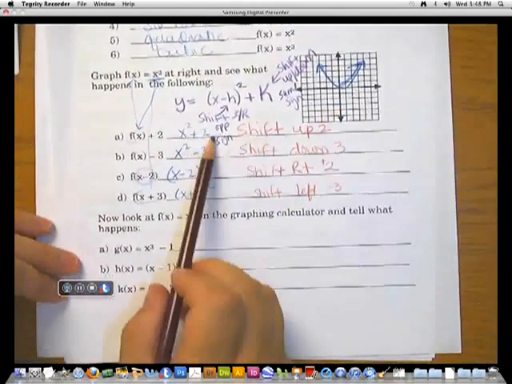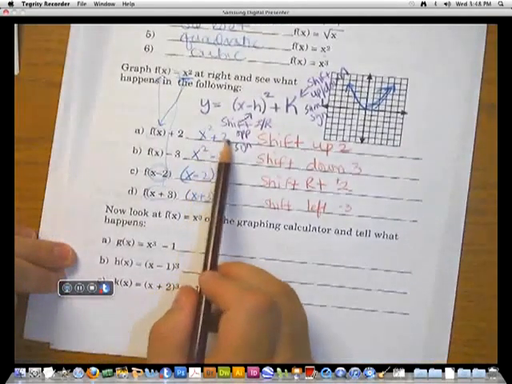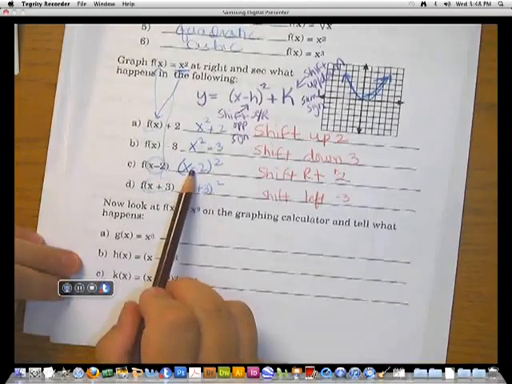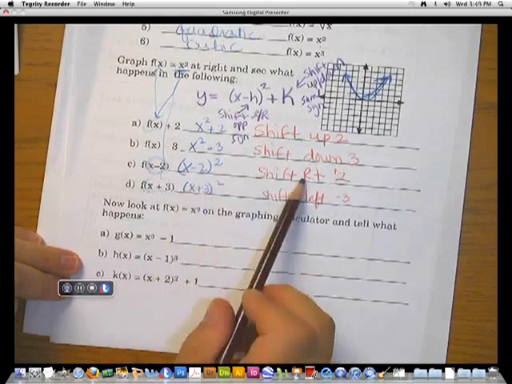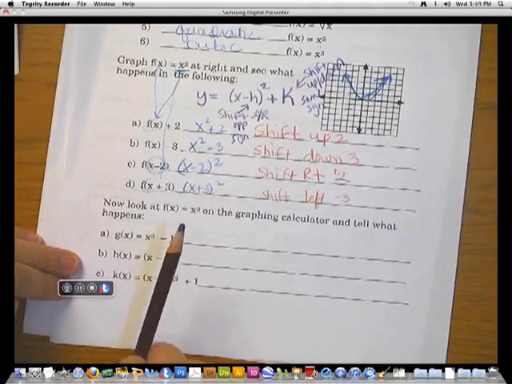So here it was +2, so it went up. It was the same sign. On the inside here it was -2, so it went opposite.